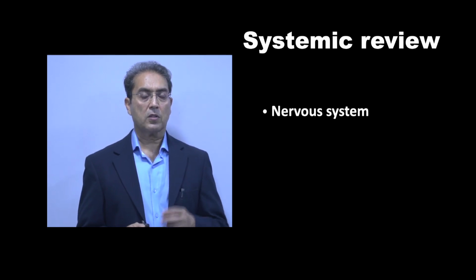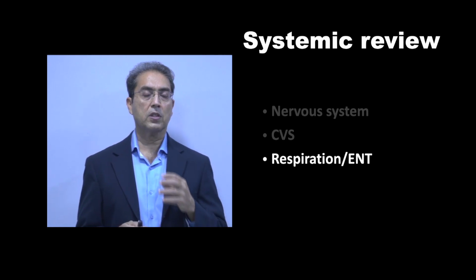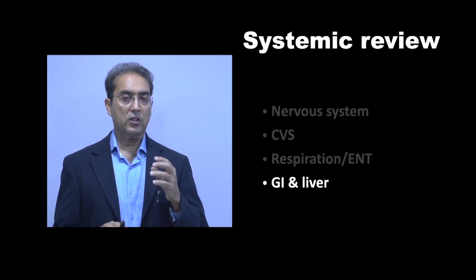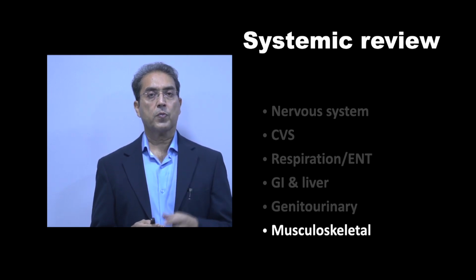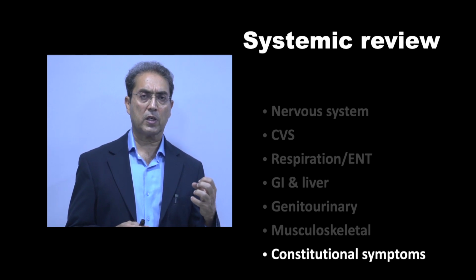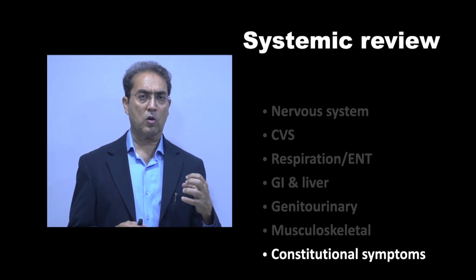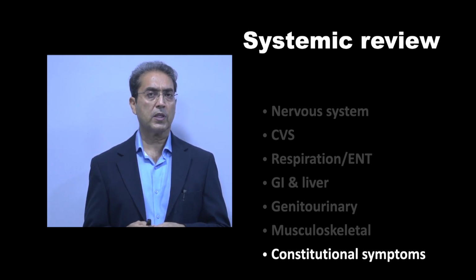Check for the cardiovascular system, the respiratory system, the ear, nose and throat system, the GI and liver, the genitourinary, the musculoskeletal system, and look for the presence of constitutional symptoms. Constitutional symptoms mean the patient had fever, weight loss or similar symptoms. So go for the constitutional symptoms analysis as well.